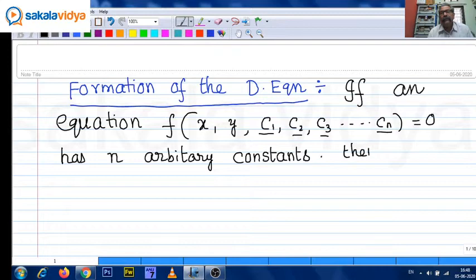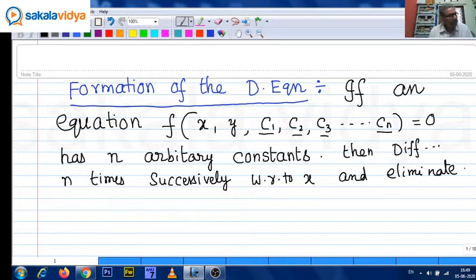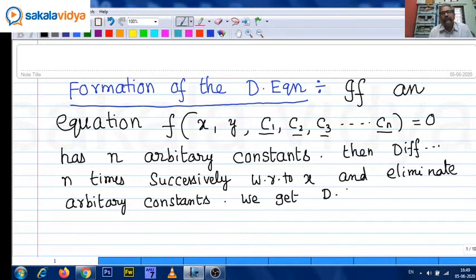So then, differentiating n times successively with respect to x and eliminating arbitrary constants, we get the differential equation.